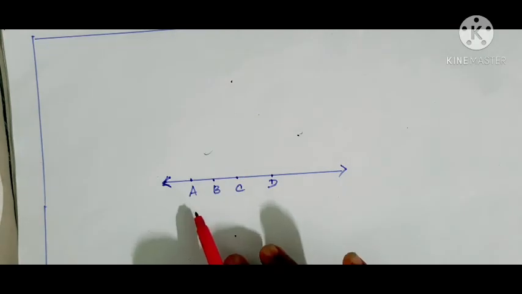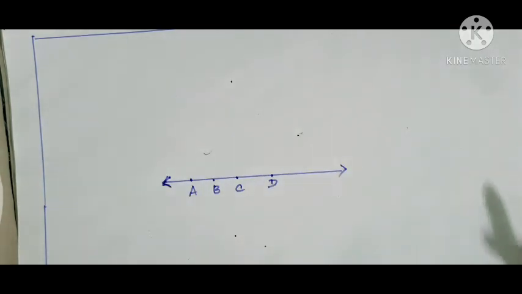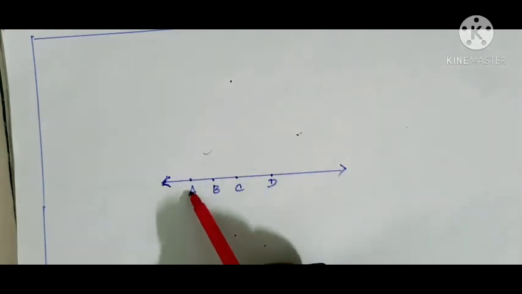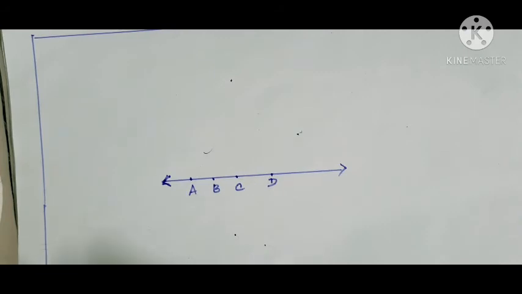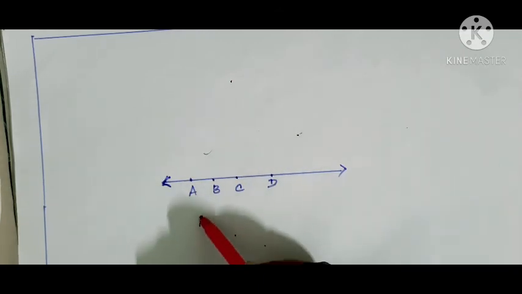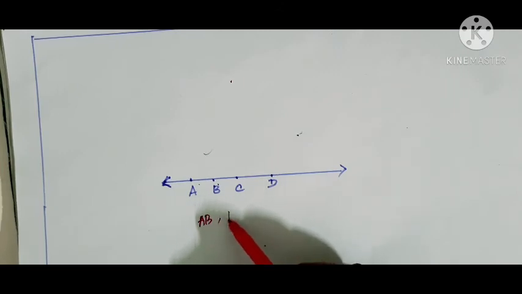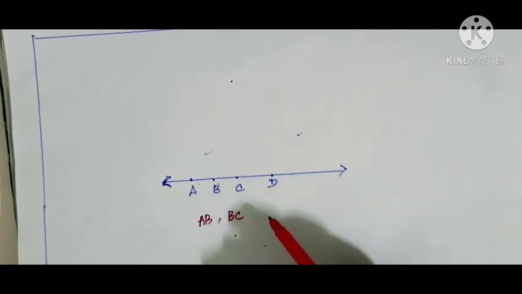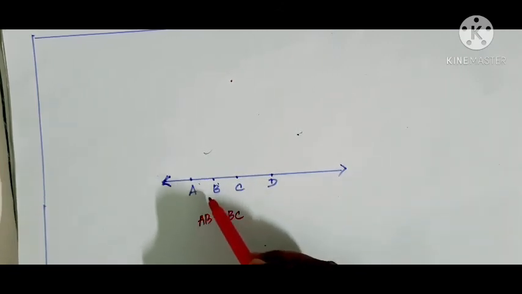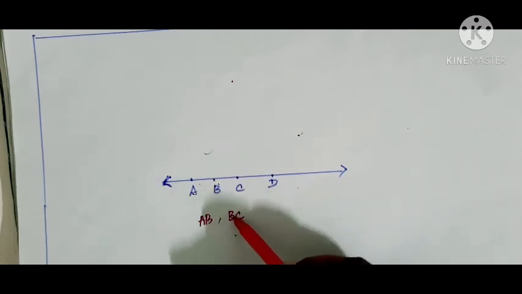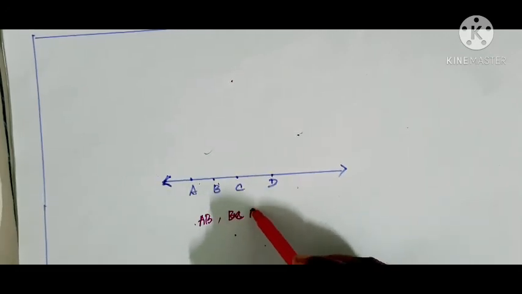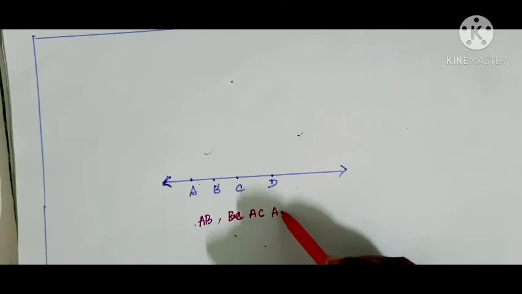I will give one model, and you keep saying. First start with A. What are the possible lines? AB. Next, or else first we will start with A alone and finish it: AB, AC, AD.